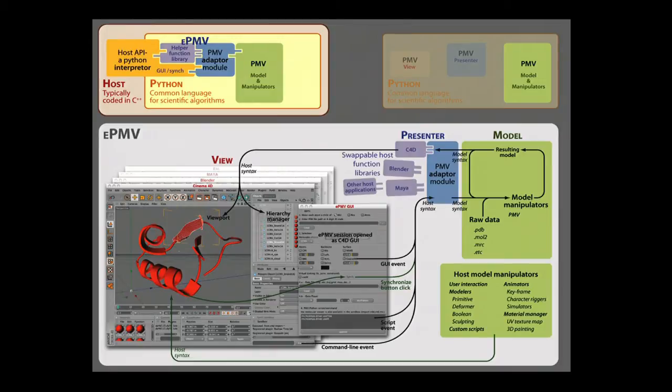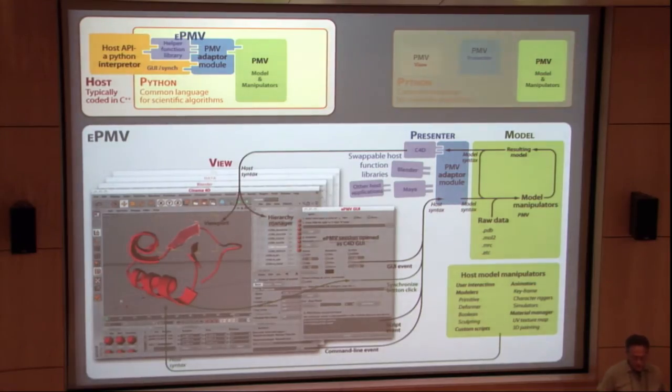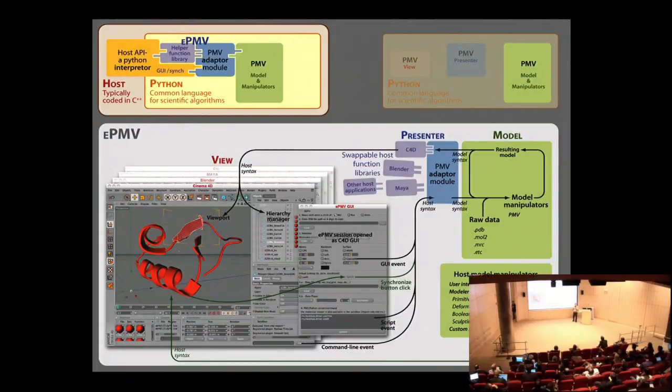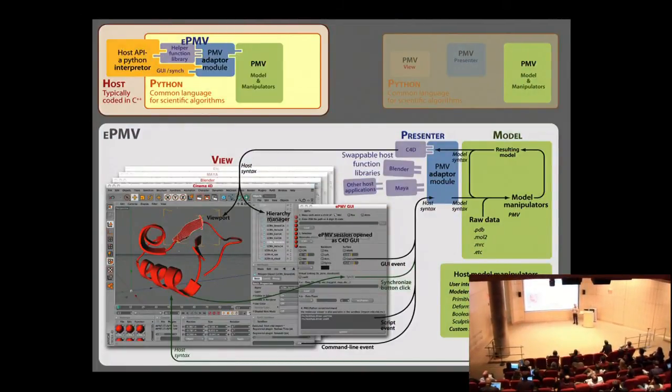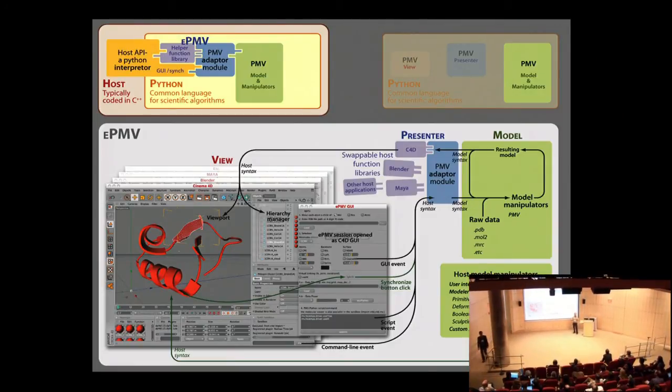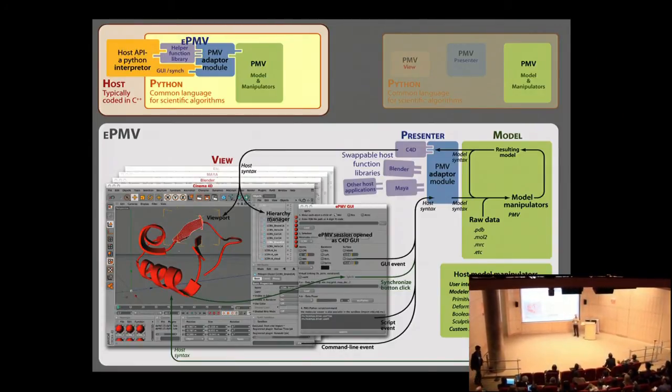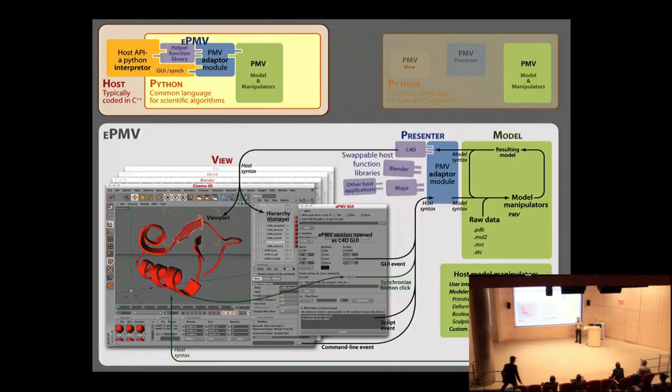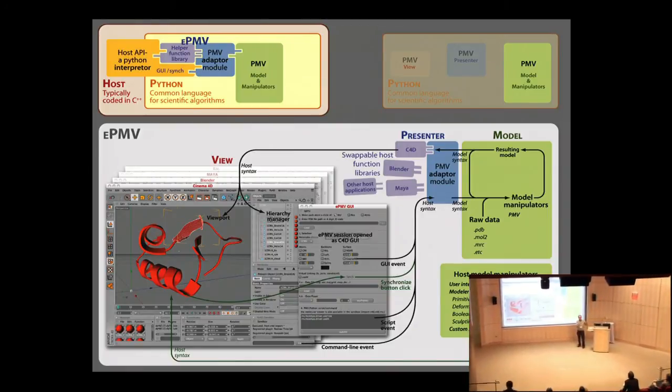And so I won't go into the architecture of it, but essentially the idea is that since the Python molecular viewer was very much component-based, we could separate the viewing system from the molecular modeling system and embed it.